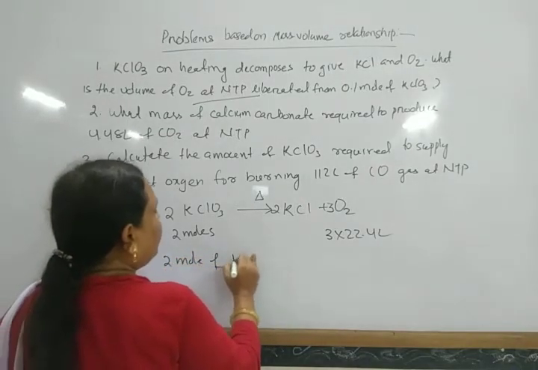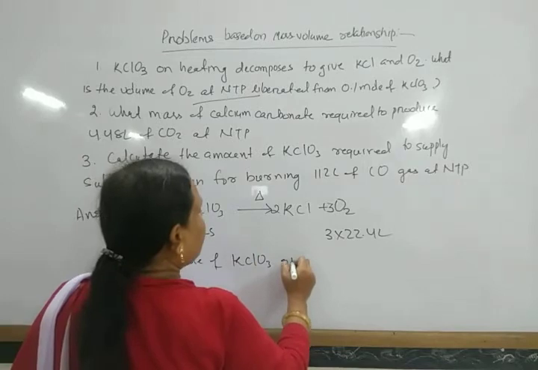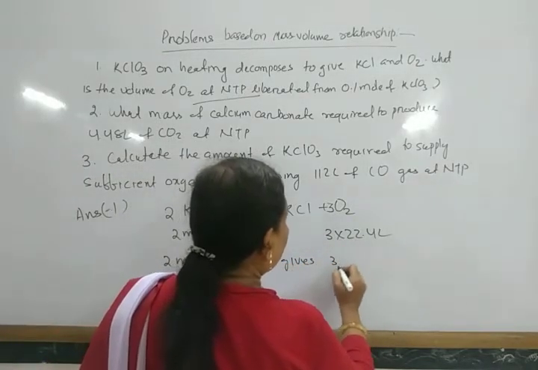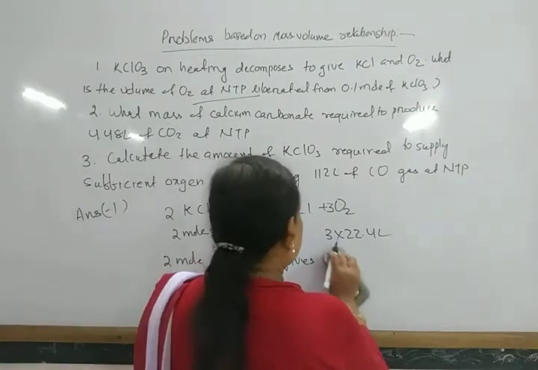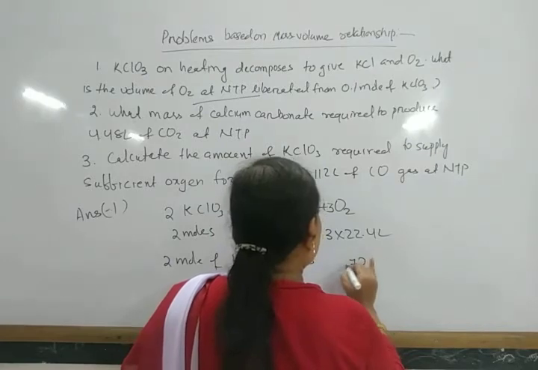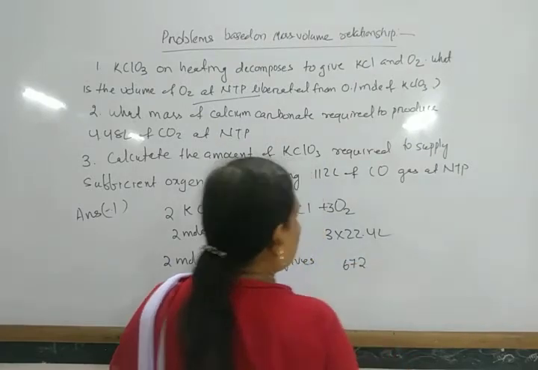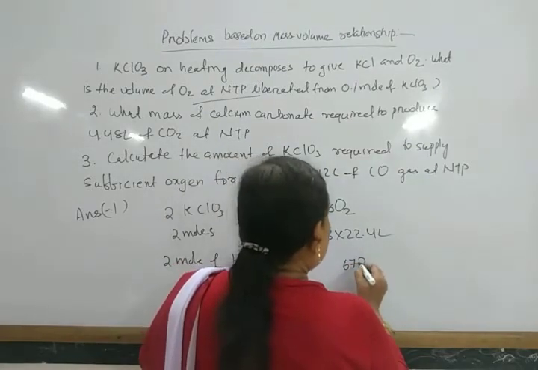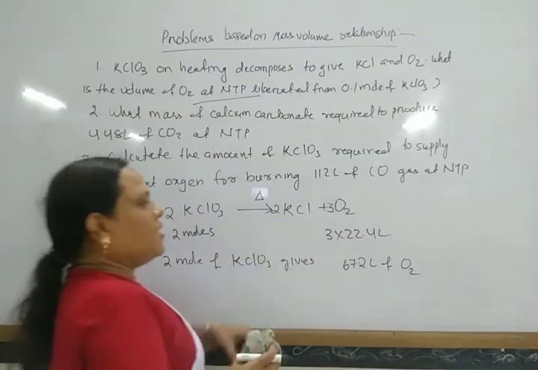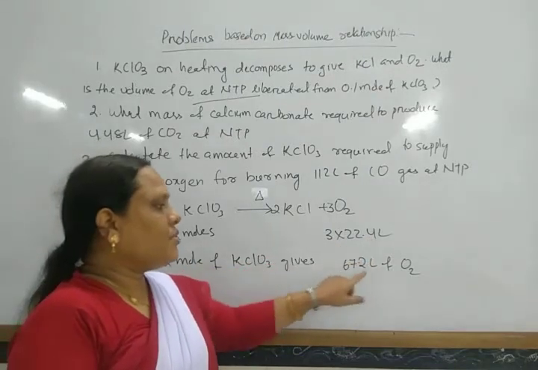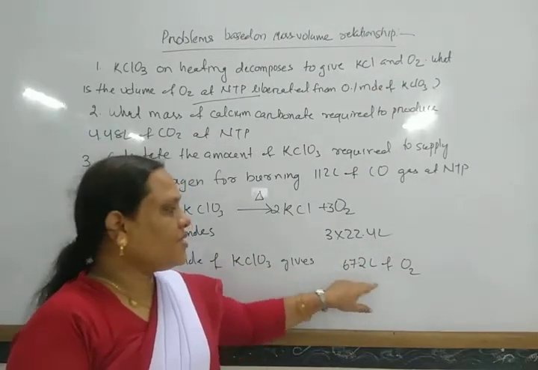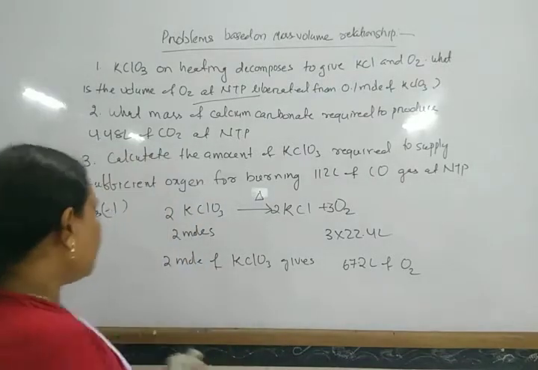So 2 moles of KClO3 gives 3 into 22.4 liter, that is equal to 67.2 liter of oxygen.